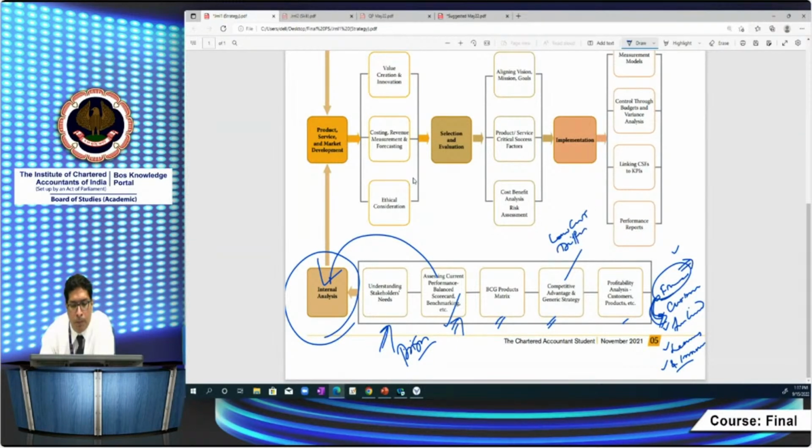Again, all these three items are internal. I hope you know about competitive advantage and generic strategies.